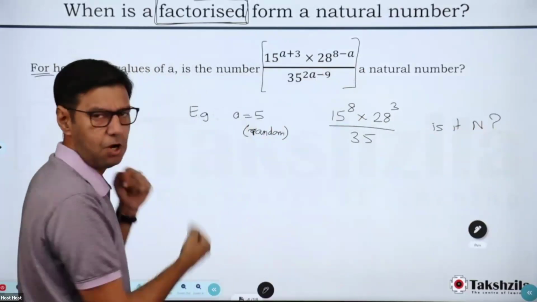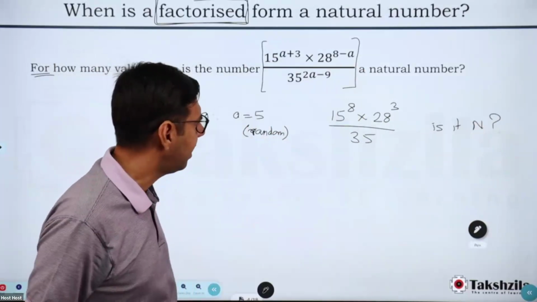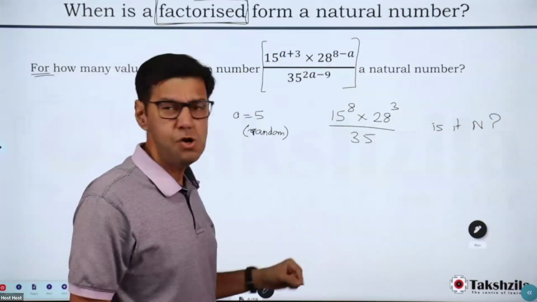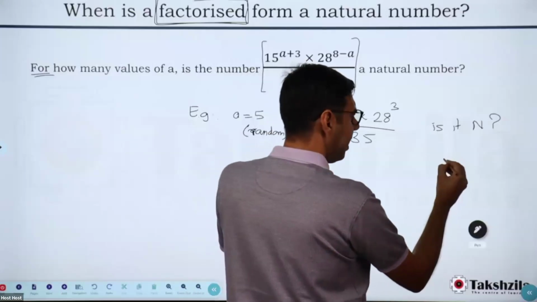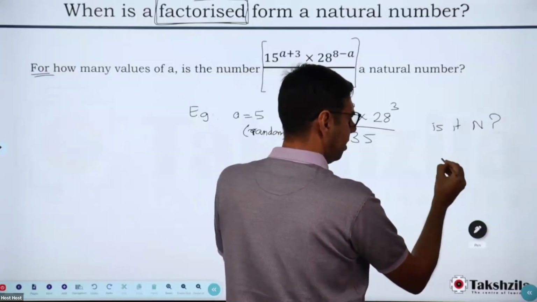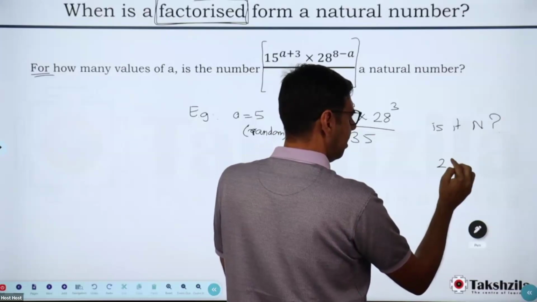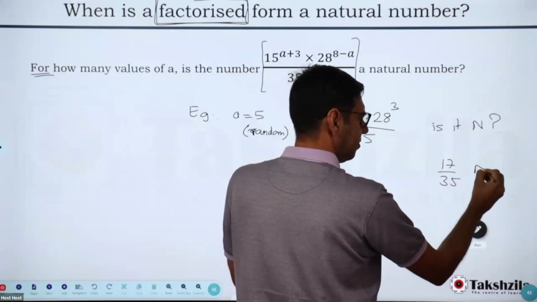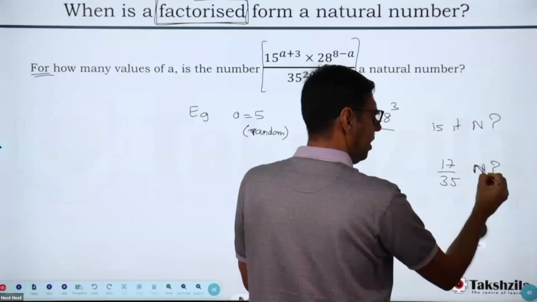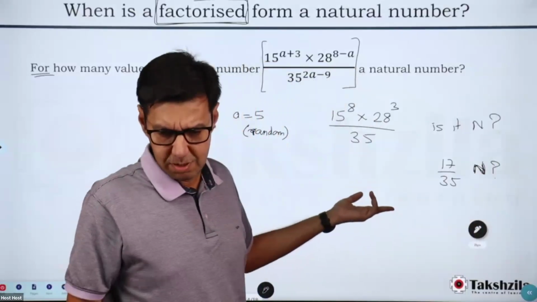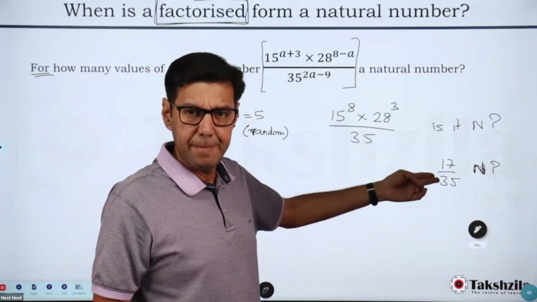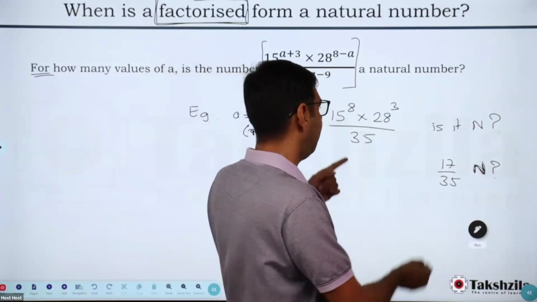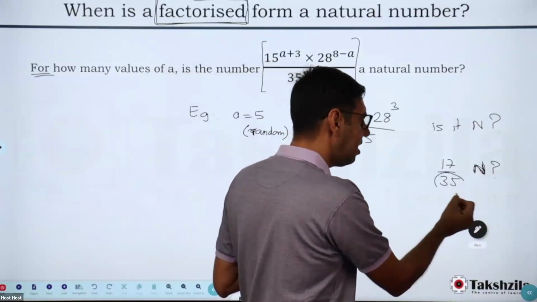So the question is, what value? Someone can guess something right now. So if I ask you, is 17 by 35 natural? I'm pretty sure you're going to argue, nah, it doesn't look like it, right?